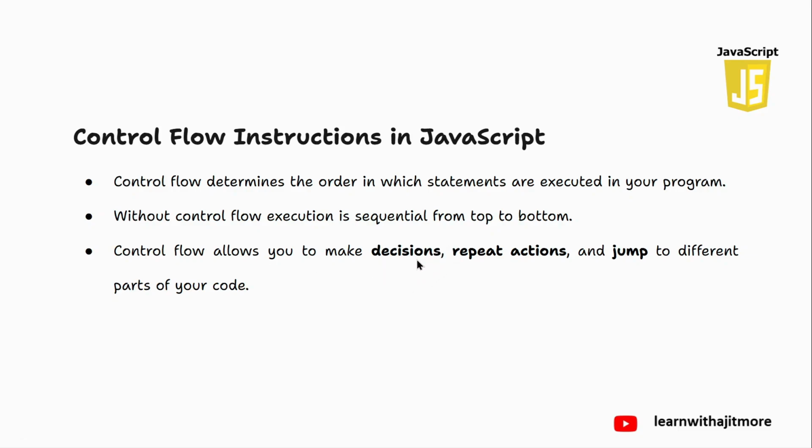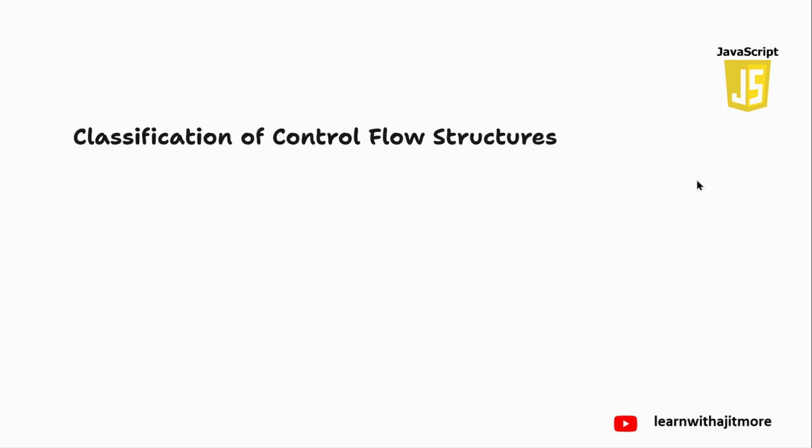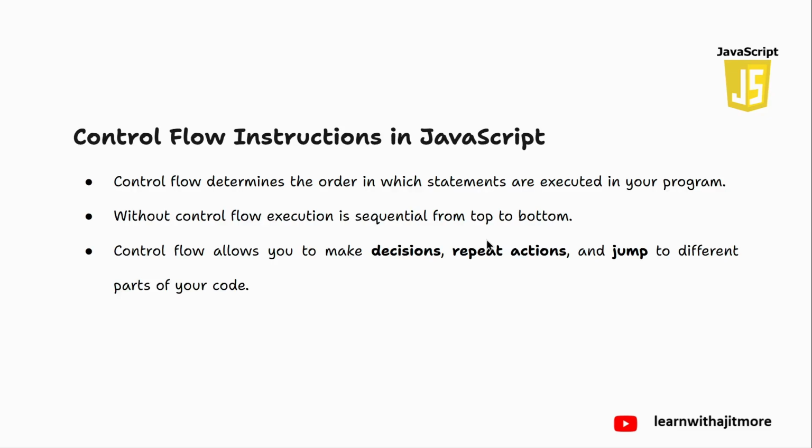Decisions, which I told, selection statements, which will run any one code block from multiple code blocks selectively based on the condition. Repetitions, performing the same code block for some number of times or till the condition becomes false. Then jump or transfer instructions. Okay? So I hope it is clear.